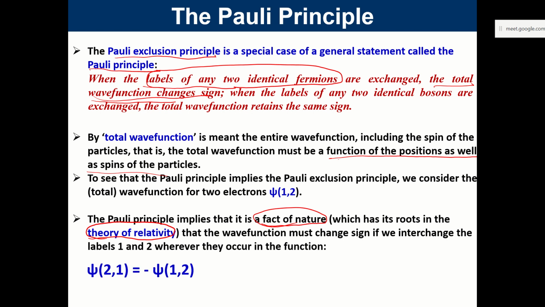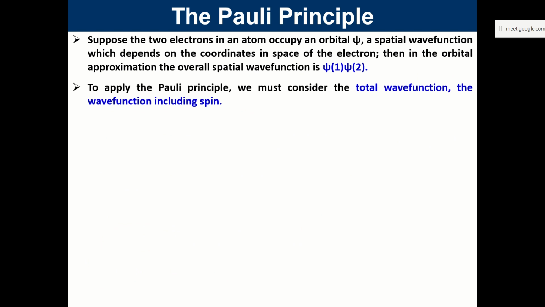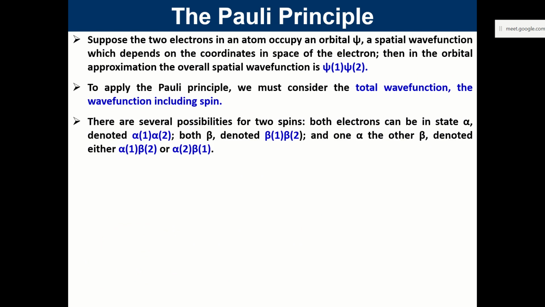So this is what we want to happen: when you exchange the places of 1 and 2, the sign will change, plus to minus. And we found how we can achieve this, and I also told you how to write it.